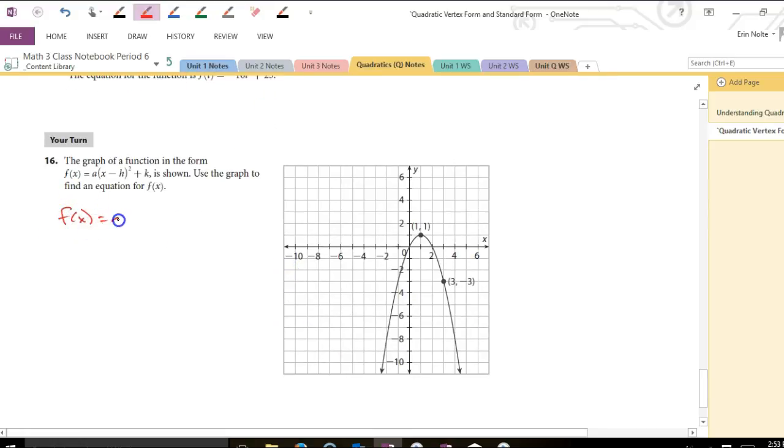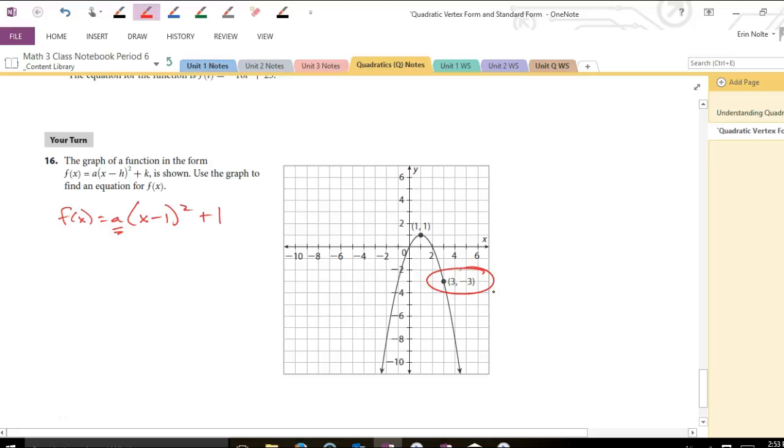So I have a times x minus 1 squared plus 1 for my vertex. What's the one piece I'm missing for this equation? Good, the a. So I'm going to have to use this other point in order to find the a.